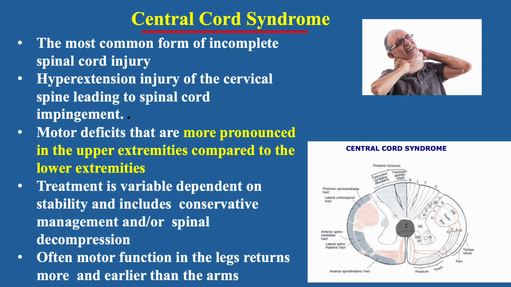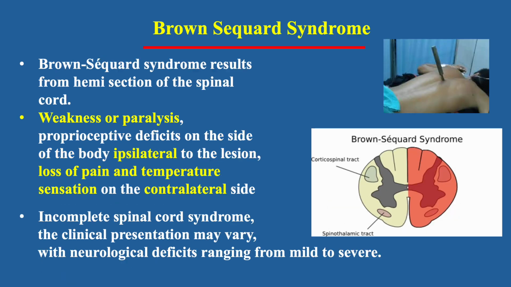Central cord syndrome most frequently occurs among older persons after acute hyperextension injury with cervical spondylosis. Treatment is conservative unless there's spinal instability. Motor function in the lower extremities returns earlier and more often than the upper extremities.